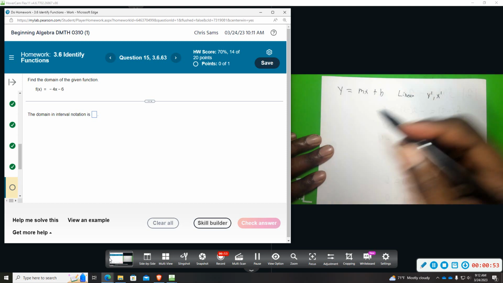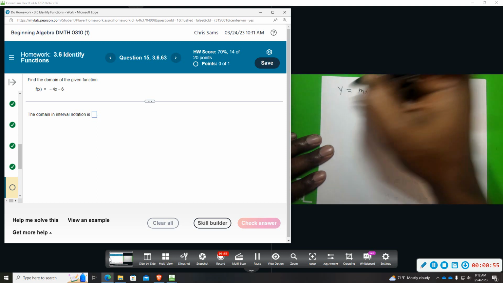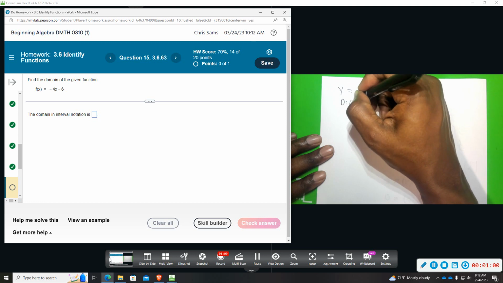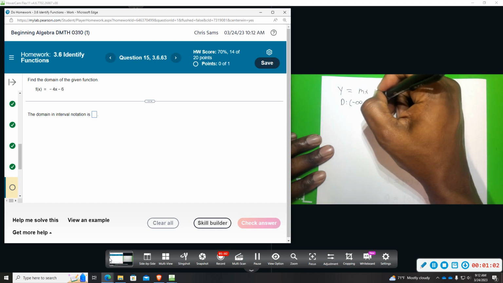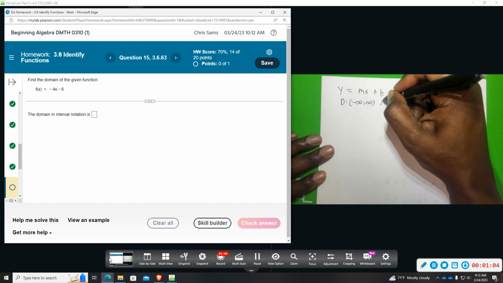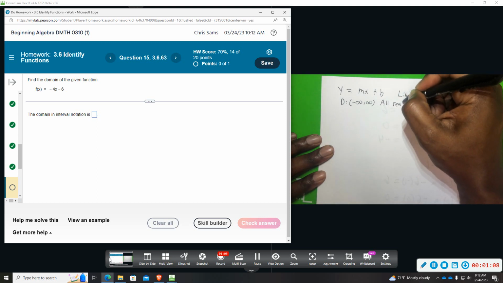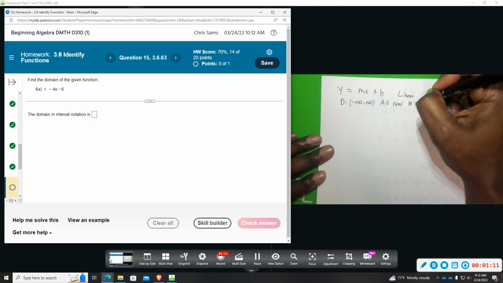Okay, whenever you have linear, the domain is going to be all real numbers or negative infinity to positive infinity. So we'll just say all real numbers. I do the pound sign for numbers.